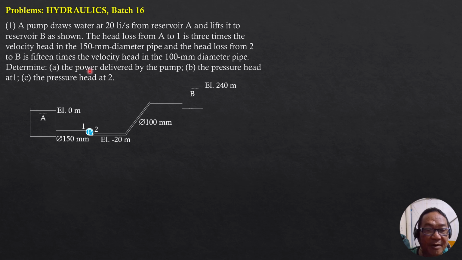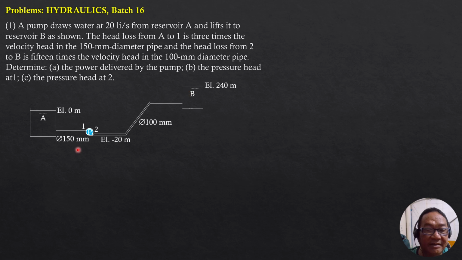So for this power delivered by the pump, this is output power because the input power is the source, either electrical or mechanical energy. For the first part, let's write the energy equation between points A and B, considering head loss.